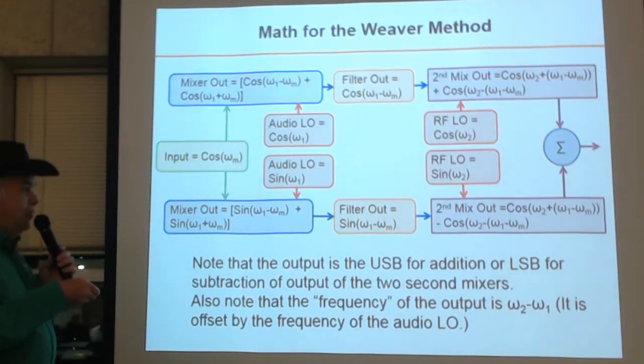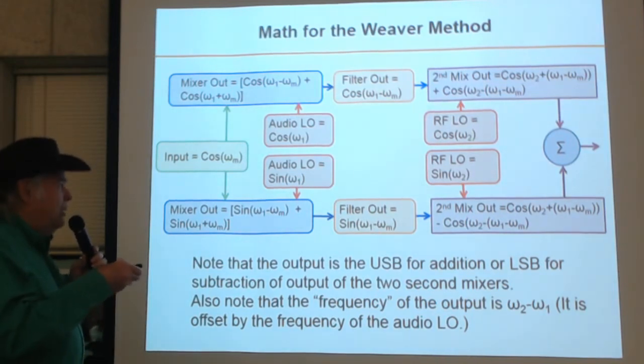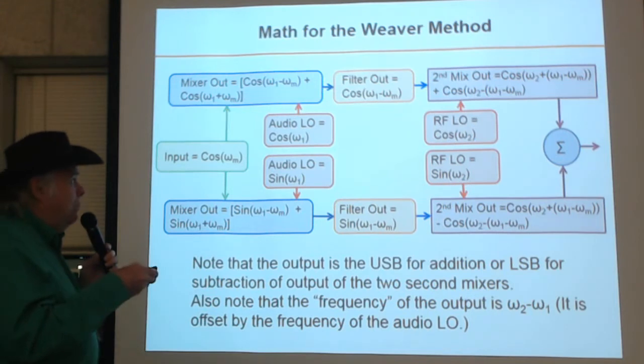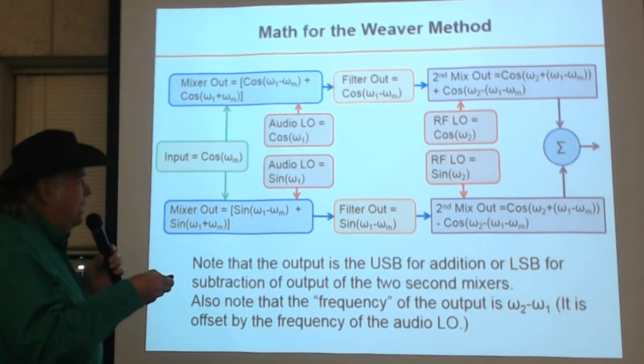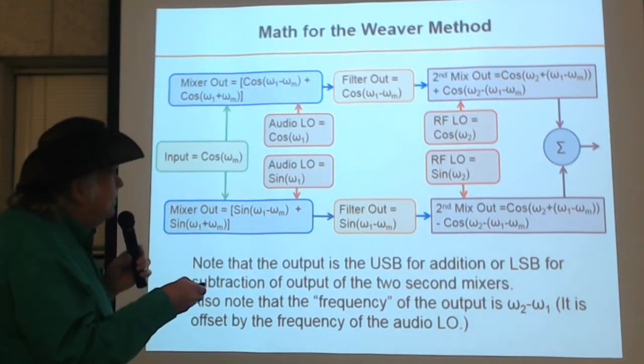So the two signals are in quadrature. So I run those through my other mixer, where I mix this with omega 2 and again the cosine and then the sine. So this output gives me basically the sum, right?